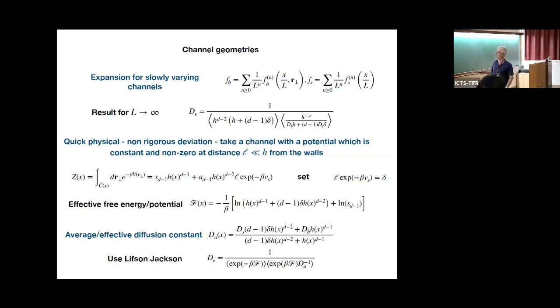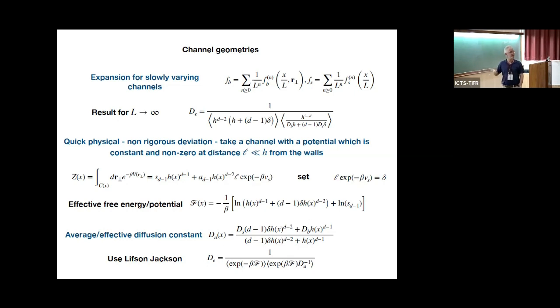If I calculate this with respect to this Boltzmann weight, it's easy to see that this is just the bulk probability, this is the surface probability, right? So when I do this computation, I just find this term here. So you see the surface diffusion is appearing up here, and the bulk diffusion is appearing up here, okay? If I take the limit delta goes to 0, I just get D_B, okay?